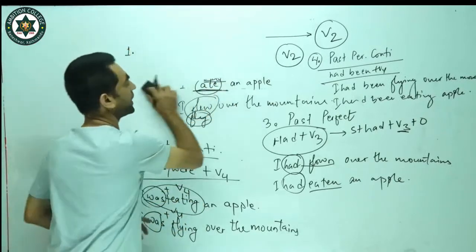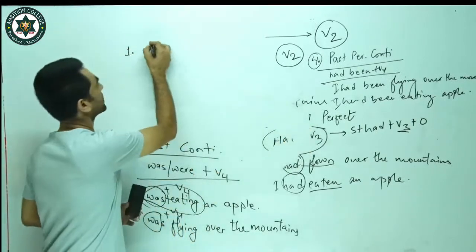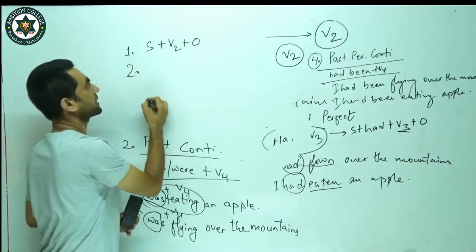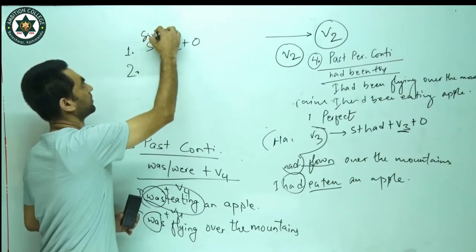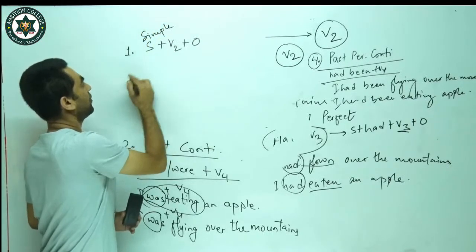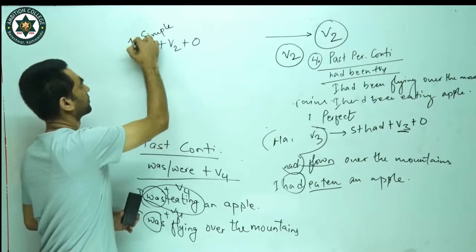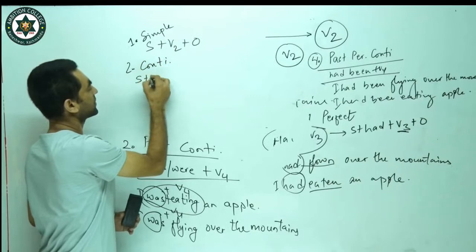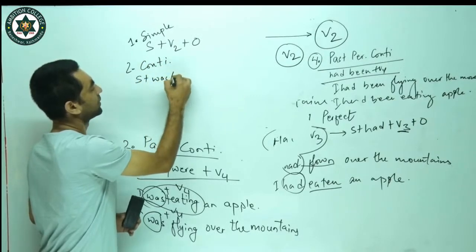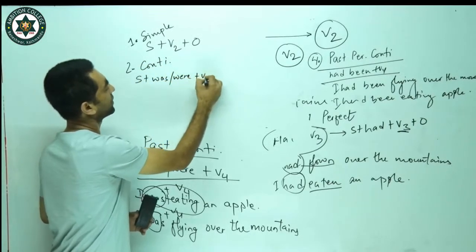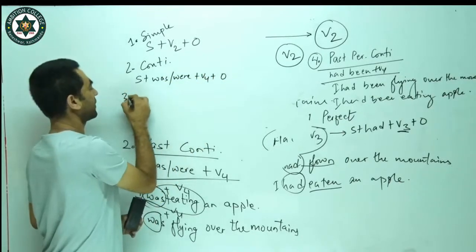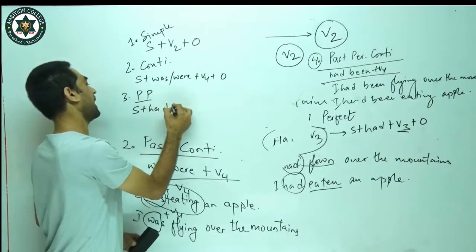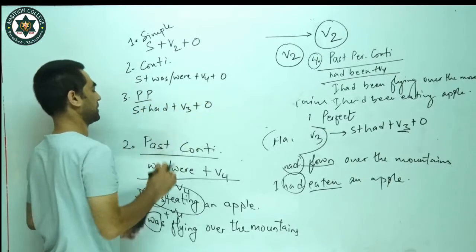In one case, with the simple past, we have subject plus V2 plus object. In the second case, for past continuous, we have subject plus was, were plus V4 plus object. And for past perfect, we have subject plus had plus V3 plus object.